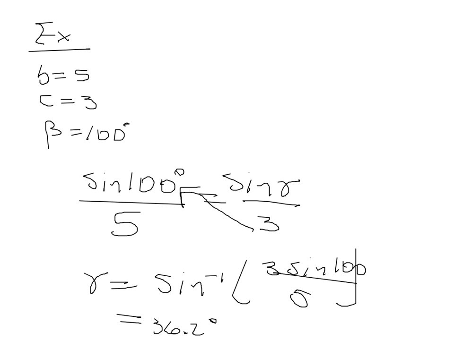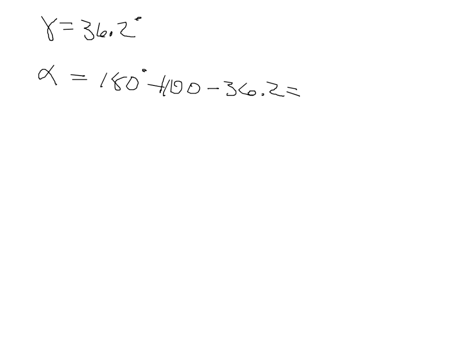All right, so this is my Q1 angle. Okay, so now I've got gamma equals 36.2. So what is alpha? It's going to be 180 minus 100 minus 36.2. And in that case, I get 43.8.